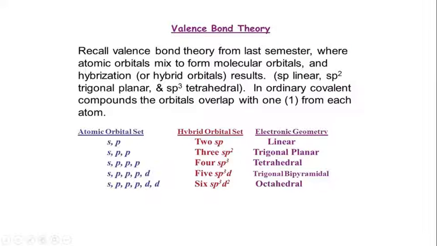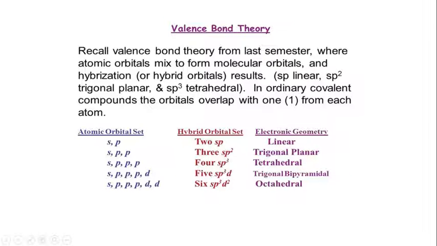We have earlier applied valence bond theory to simple molecules like water or ammonia, where we looked at the shape of the molecules, like water having an angular shape. Now in valence bond theory, we are going to extend this to coordination compounds. Basically, in valence bond theory, you have an atomic orbital set where orbitals like s, p and d get involved.